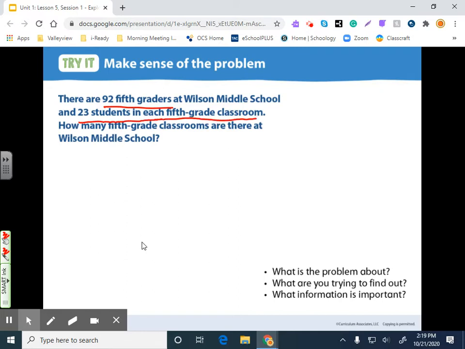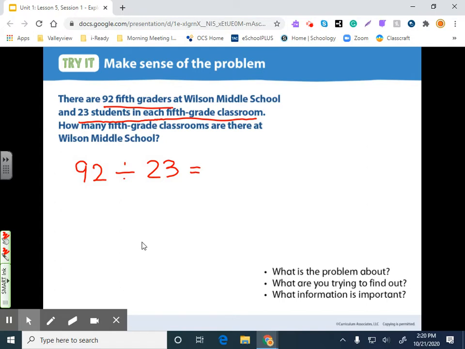How many fifth grade classrooms are there at Wilson Middle School? So let's create a problem from this. So we have 92 total fifth graders, and each classroom is divided into groups of 23, and then we have to figure that one out.